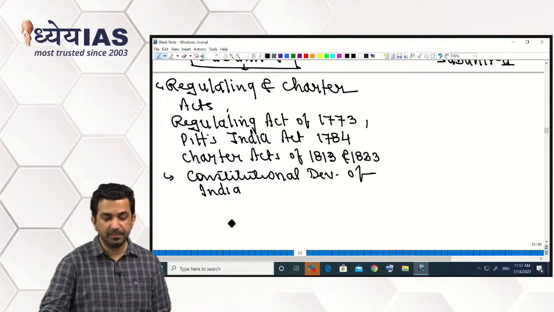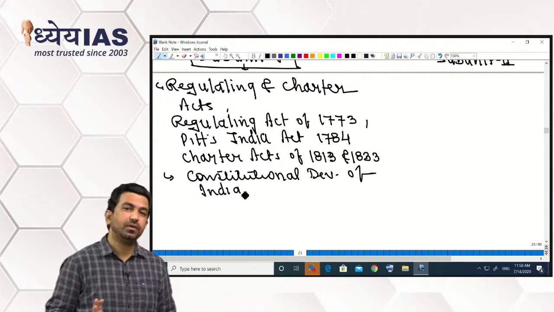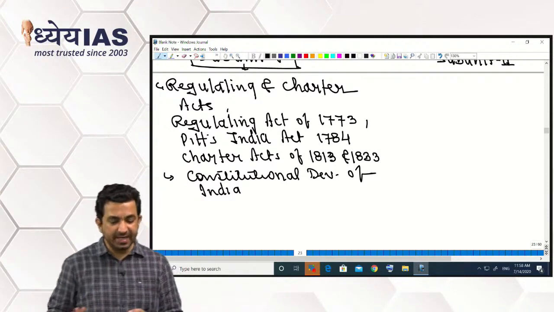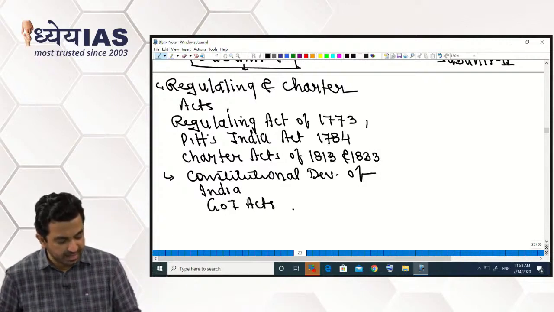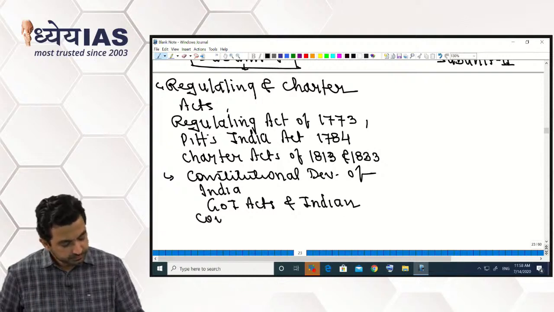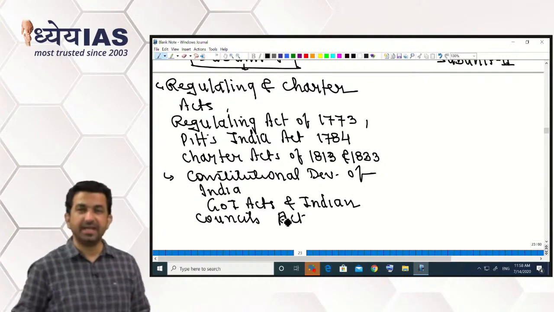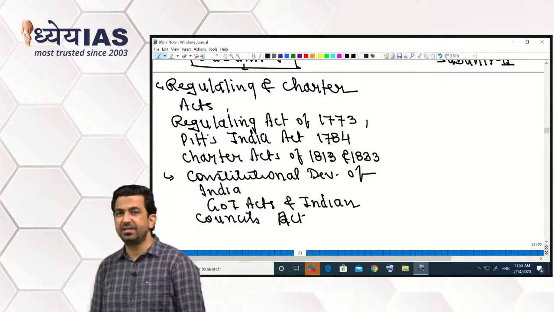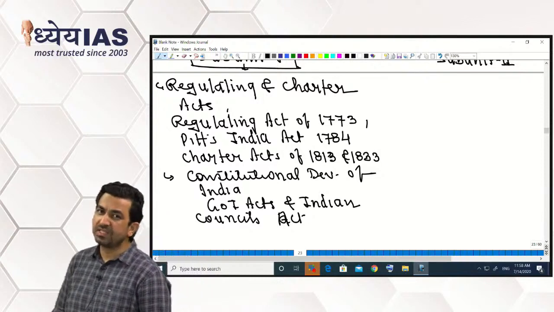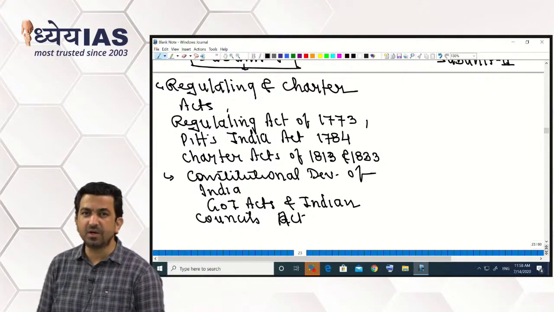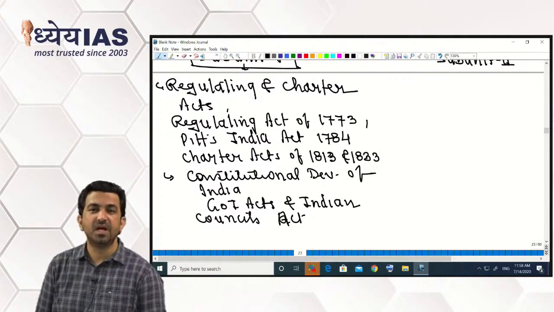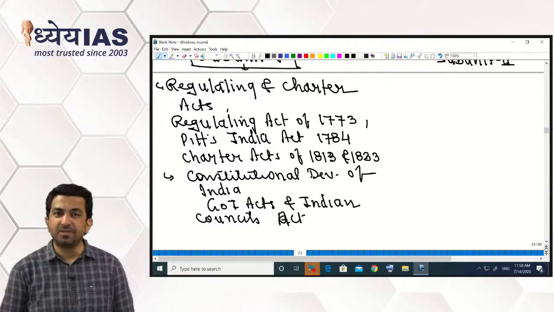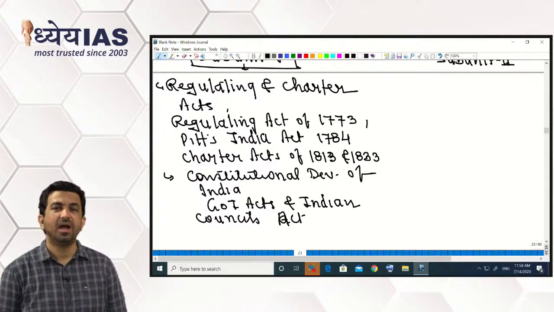Constitutional development of India, which includes Government of India Acts and Indian Councils Acts, like Government of India Act 1858, Indian Councils Act 1861, Indian Councils Act 1892, Indian Councils Act 1909, which is also known as Morley-Minto reforms, then Government of India Act 1919 and the Government of India Act 1935.